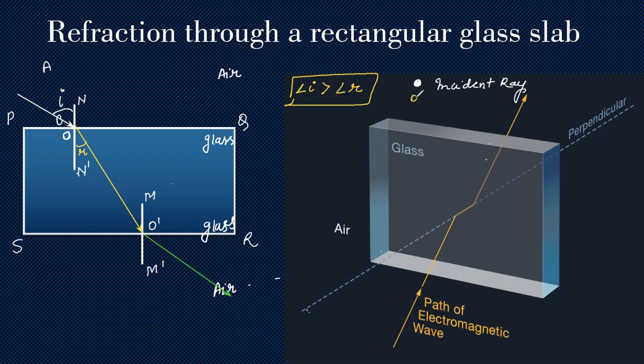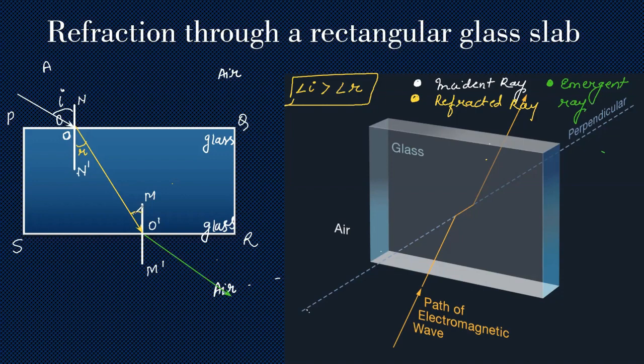The yellow one inside the glass slab is called the refracted ray. And the third one which is again coming out is called the emergent ray.